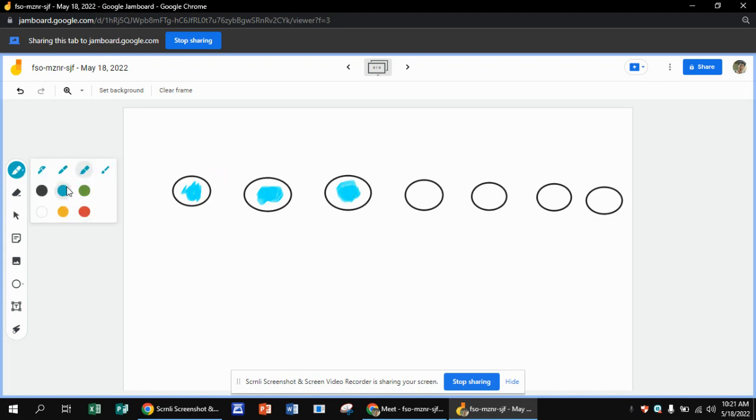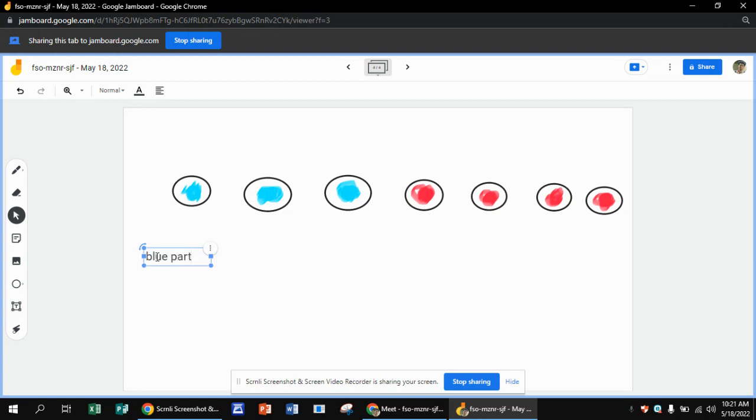Make it look like a cherry. There's a blueberry and cherry. Blueberry and cherry leaves or blue raspberry. Let's say on the blue part muna.